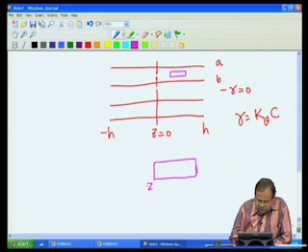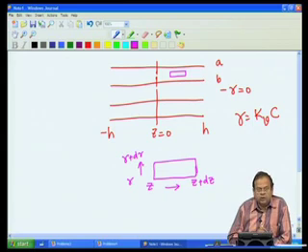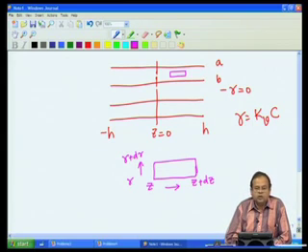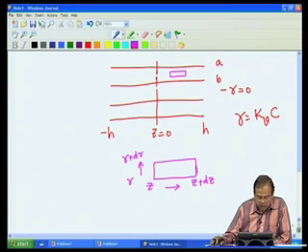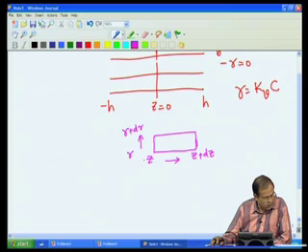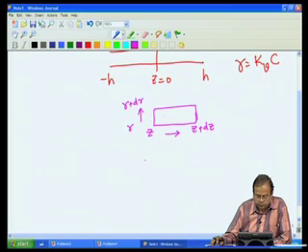We say that this is Z and Z plus dz along the axial direction, and this is R and R plus dr along the radial direction. So, the idea here is that we have variation of concentration both along the radial direction as well as axial direction.